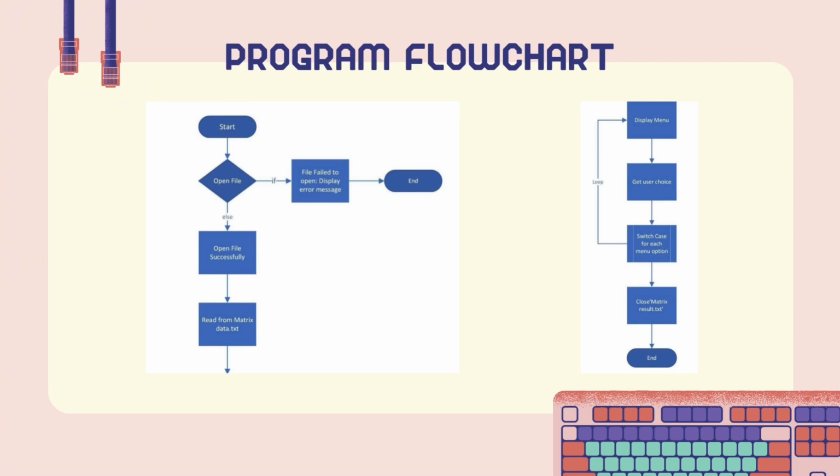Okay, so based on the user's choice, the program determines which operation to perform from the menu option, whether want to perform addition, perform subtraction, perform multiplication, or exit on the matrix data.